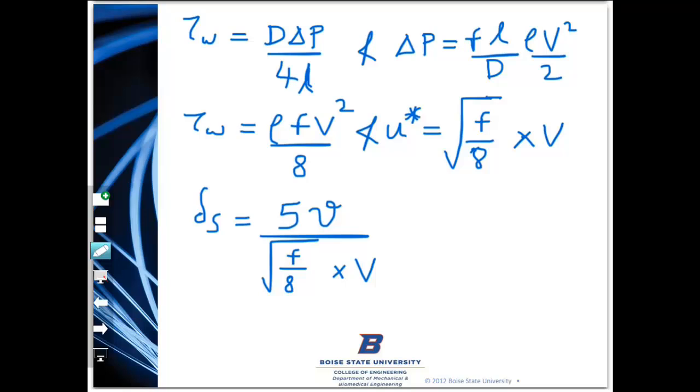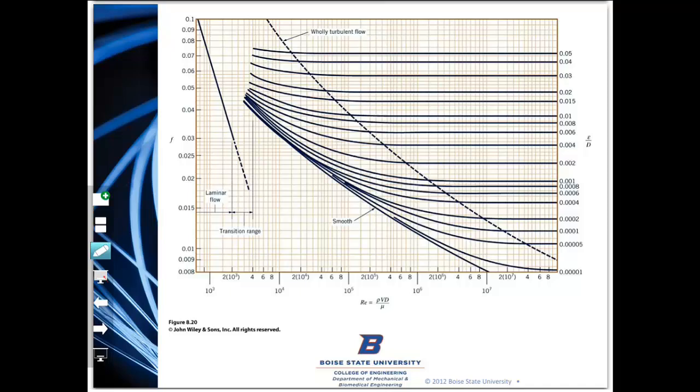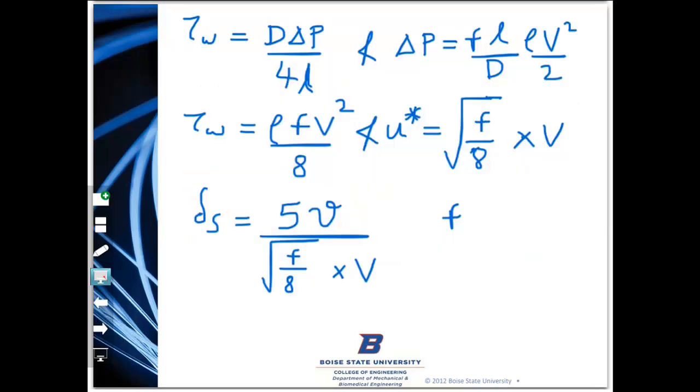We didn't find F yet, but if you go back to your Moody diagram, we know that it is a smooth pipe, so this is where you want to be, and you know the Reynolds number, which is 6.19 times 10 to the 5. So you go up this line here, approximately touch the smooth line and read off what you get on this horizontal line here in terms of F.